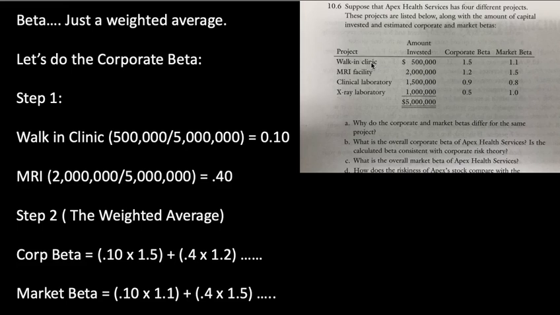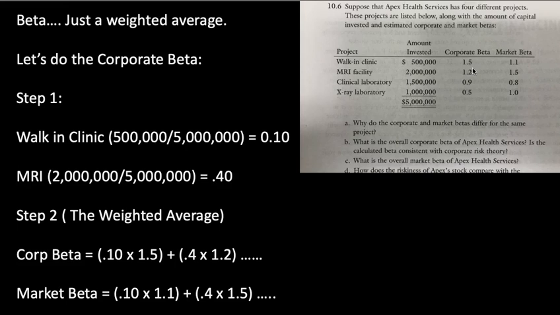Corporate beta slaps a measurement saying that if the overall corporation is going to respond with, let's say, a 20% increase in operating revenue, making money, 20%, the walk-in clinic right here, because it has a market beta of 1.5, would be expected to produce 30%.